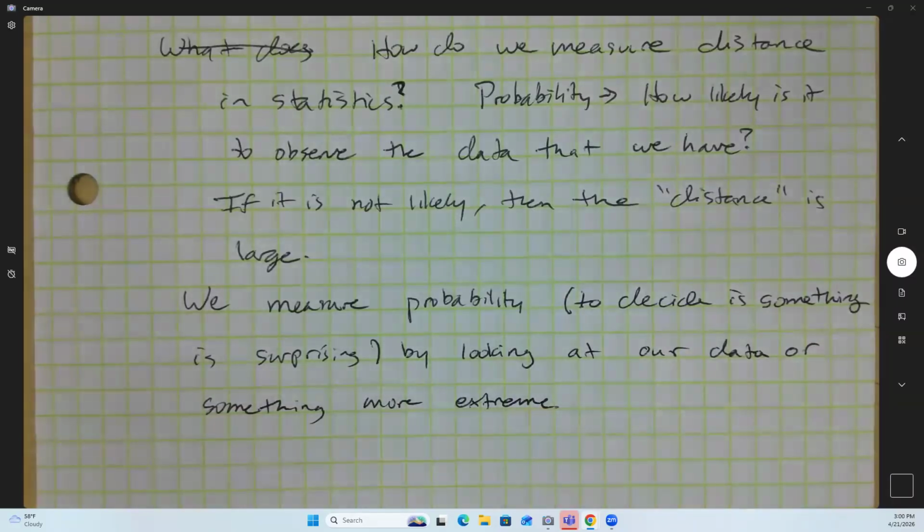Because in a world where we get 6 out of 10, well, we could have gotten 7 out of 10, or 8 out of 10, or 9 out of 10, or 10 out of 10. When we come back to that, especially with our continuous probability distributions, when we look at data very visually.